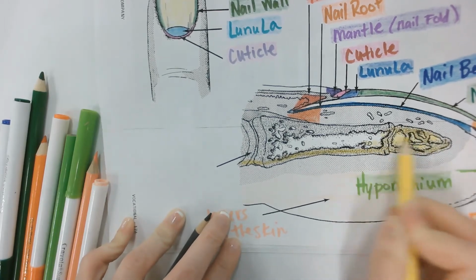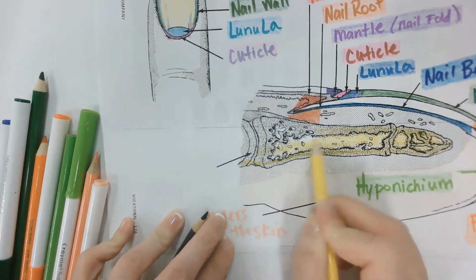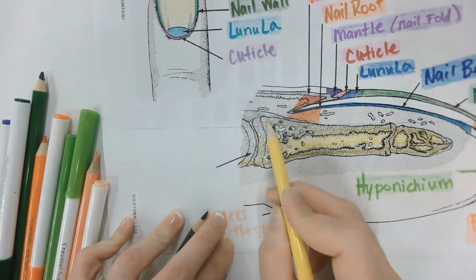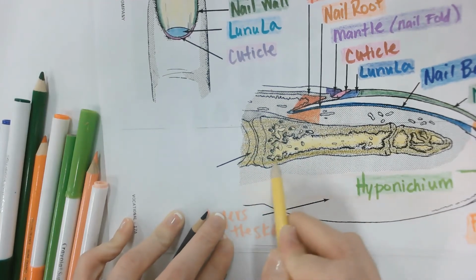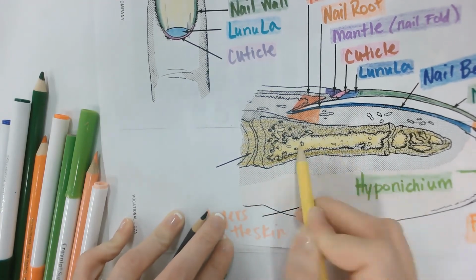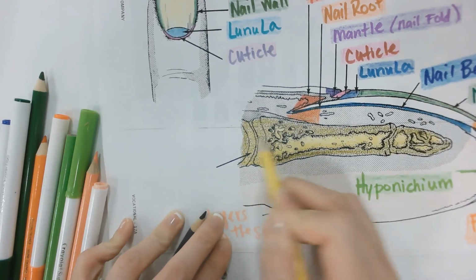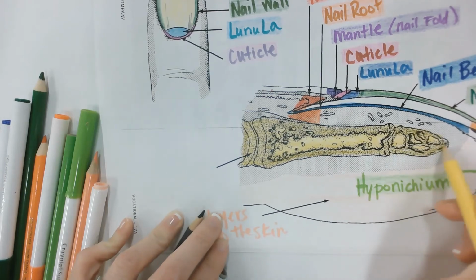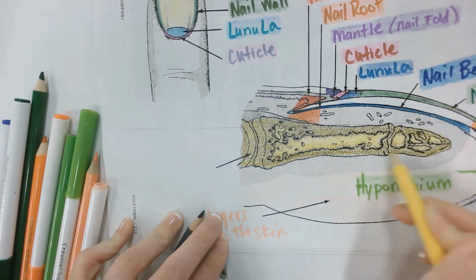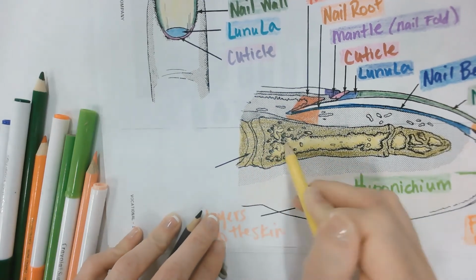We won't get too crazy with all of that labeling. The bone is there so that your fingers are not squishy and wobbly like a gummy bear, a gummy worm. You need structure. You need to be able to use your fingers to grab things. You need strong hands to do things. If you didn't have a bone, you wouldn't be able to do any of that.